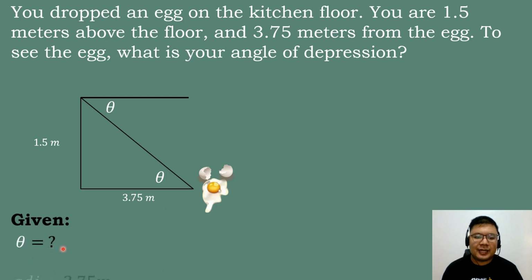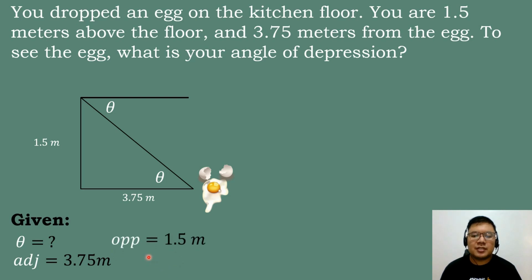So theta is unknown, adjacent side is equal to 3.75 meters, and the opposite side is equal to 1.5 meters. So since we have opposite and adjacent, we will be using tangent or cotangent. So let's use tangent theta.